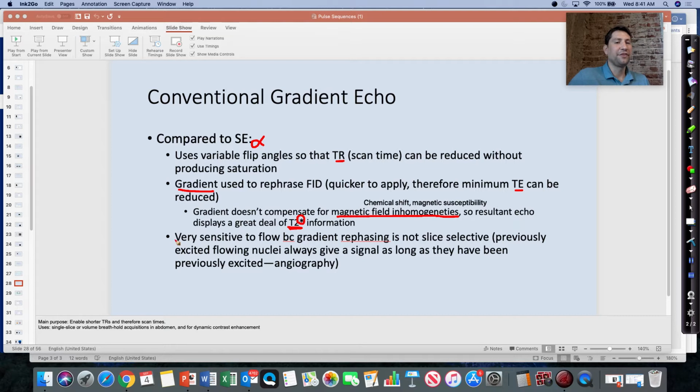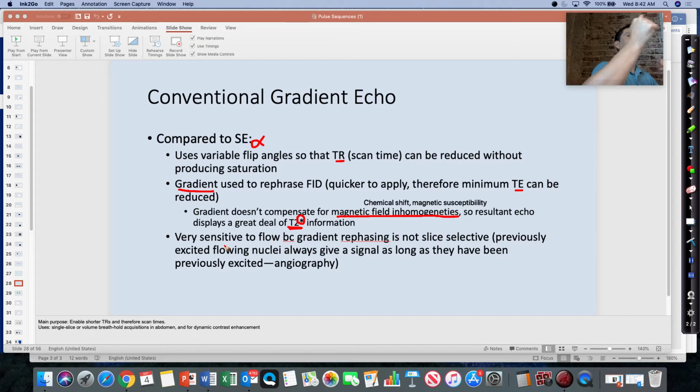Another benefit of a gradient echo pulse sequence compared to spin echo, it's very sensitive to flow. We're actually able to image angiography with our gradient echo pulse sequence. So all those ones where you're doing those time of flights, you're timing your contrast. Have you guys done the carotid studies where you're watching the contrast go up the aortic arch and then go into the carotids?